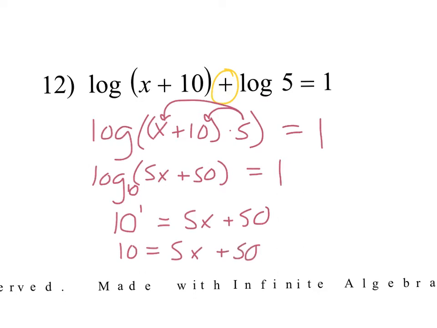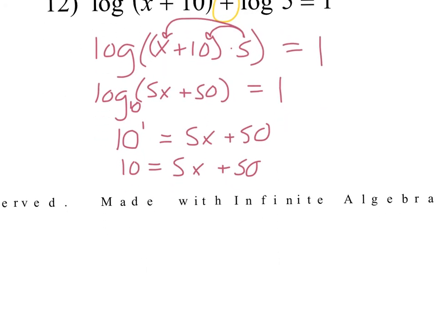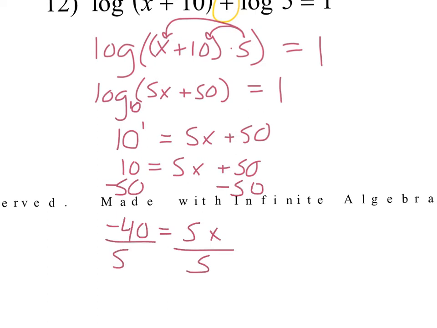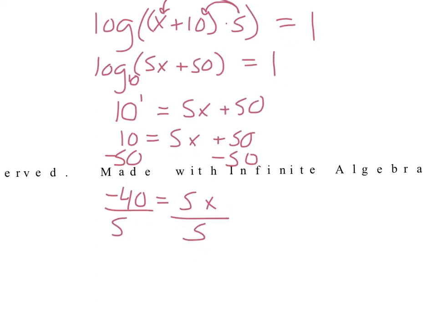Now we want it to be x equals, so what I'm going to do is subtract 50 from both sides. So we get negative 40 is equal to 5x. Then we divide both sides by 5. Negative 40 divided by 5 is negative 8. So negative 8 is equal to x.